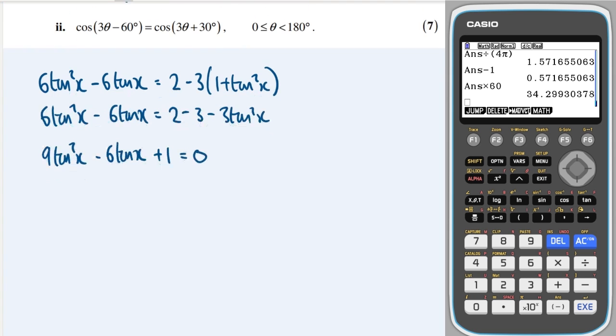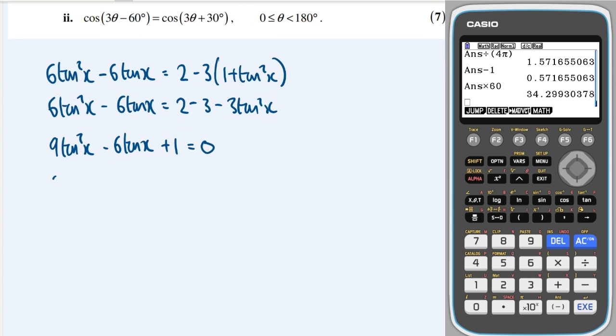Okay, let's factorize that. That's quite a nice, neat factorization. It will be 3 tan x minus 1, all squared. Lovely. And that equals 0, which means that tan x is equal to 1/3.